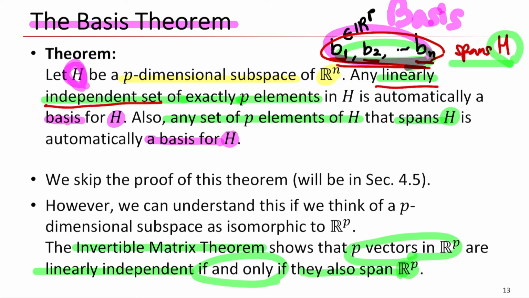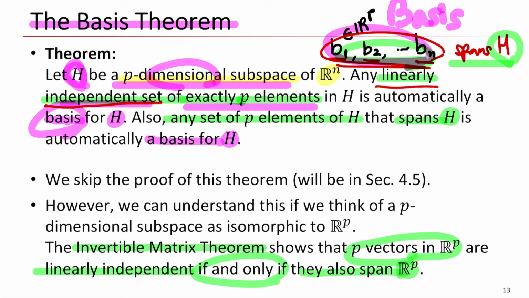Let space H be a p-dimensional space. What was the dimension? The number of the bases, right? Then any linearly independent set of exactly p elements in H space is also automatically a basis, right?